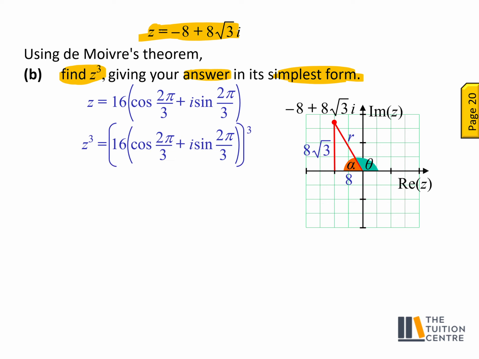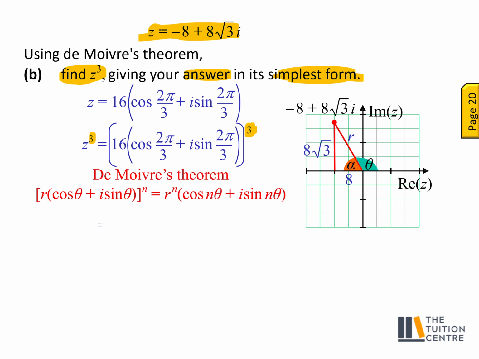So in this case, I want z to the power of 3. So I'm raising the right hand side to the power of 3, so the whole thing is to the power of 3. I now apply De Moivre's theorem. The modulus gets raised to the power of 3, and the argument gets multiplied by 3.